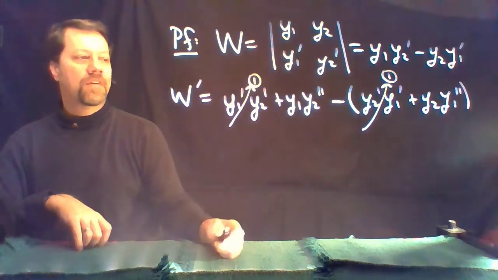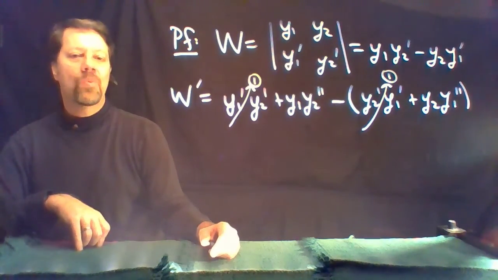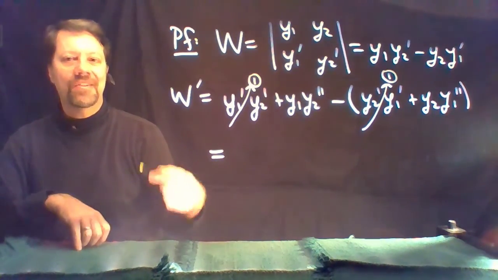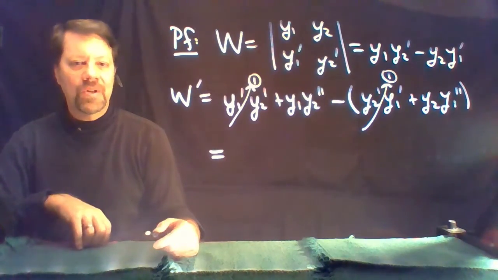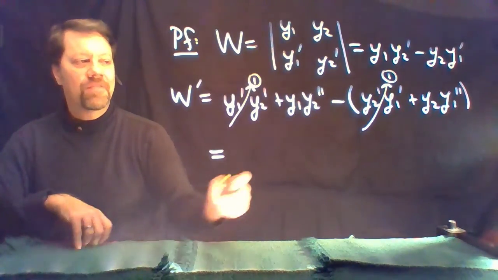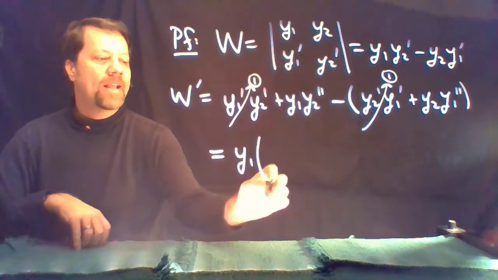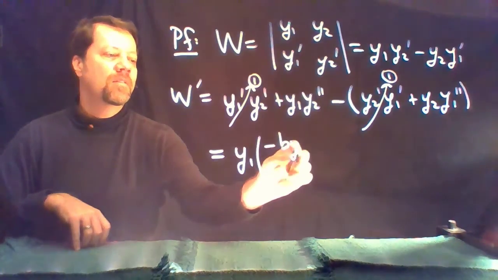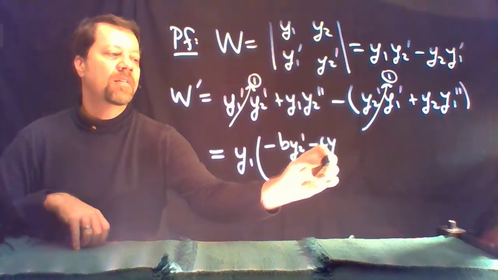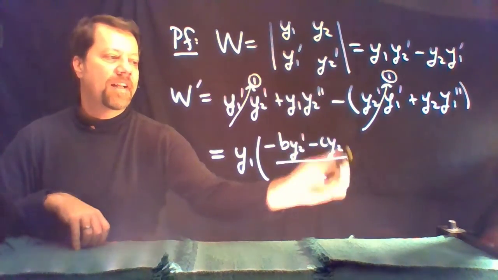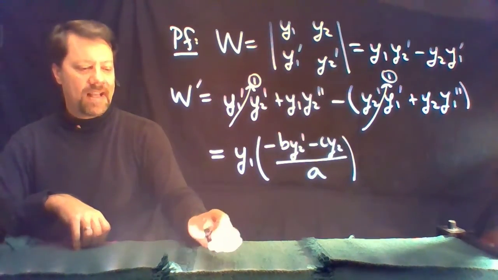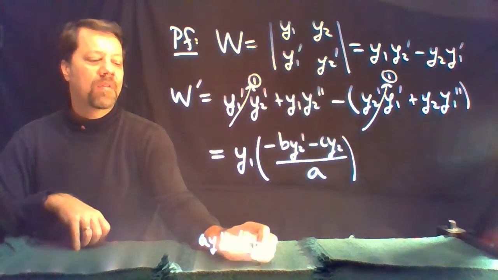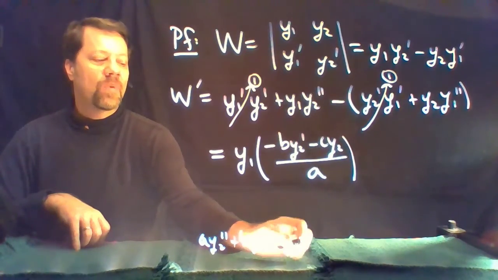In what is left over, we have to keep in mind that y1 and y2 are assumed to be solutions to our second order linear constant coefficient homogeneous ordinary differential equation. It follows then that y2'' can be expressed as minus b y2 prime minus c y2 divided by a, because it satisfies the equation a y2'' + b y2' + c y2 = 0.